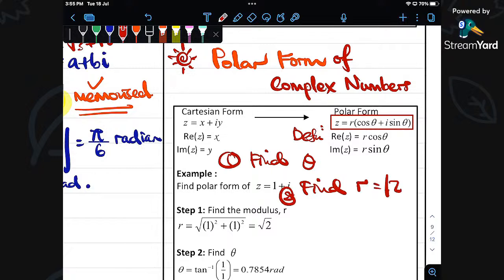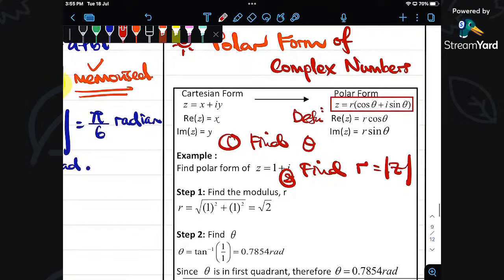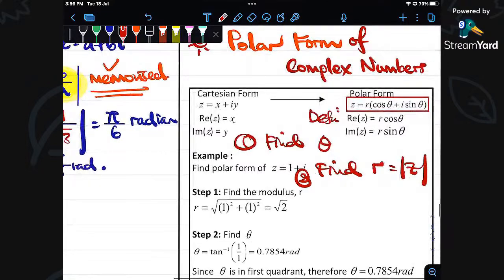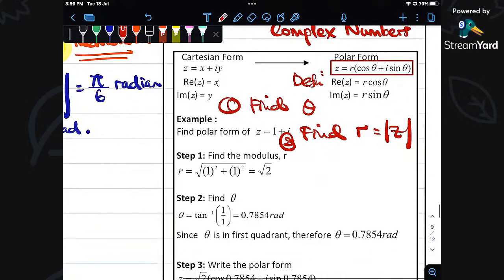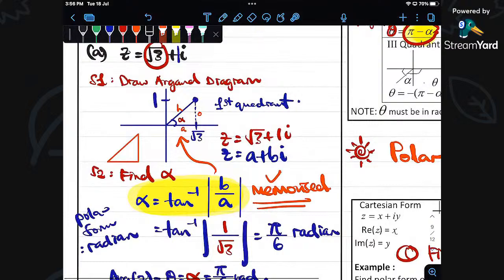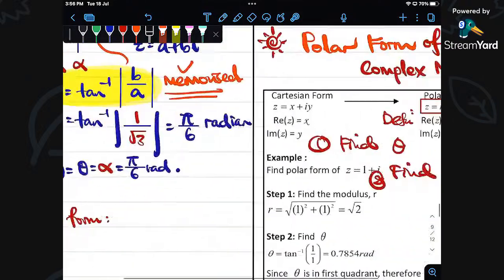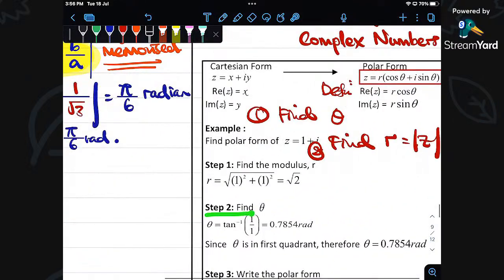R sebenarnya adalah the modulus of Z. Di sini you perlu hafal sedikit lah. Dalam rujukan saya pada formula ini, rujukan di sini kata modulus R as your step 1. Tidak kisah, step 1 saya adalah lukis. Sekarang ni saya dah pergi sampai step 2, iaitu cari theta.